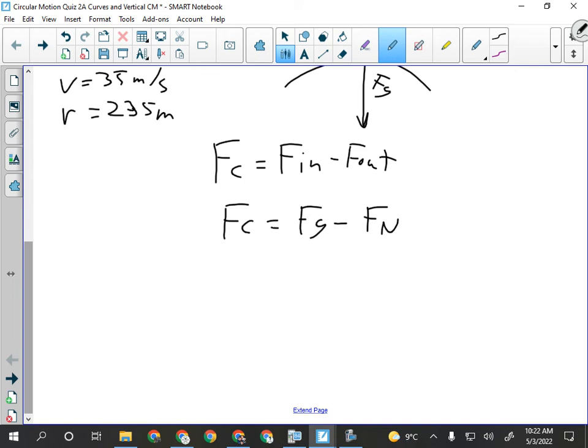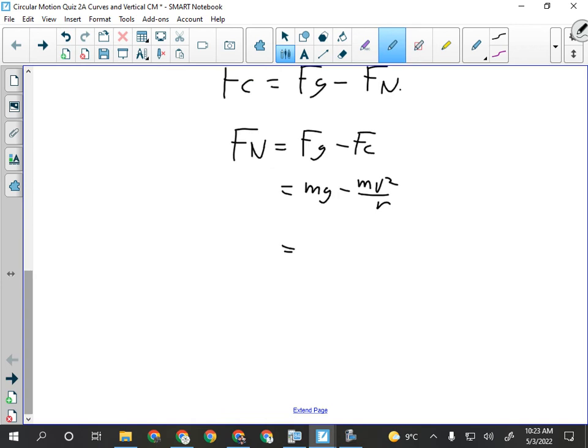For me, I like to solve for things when they're positive, so I'm bringing it over to this side and subtracting Fc. So Fn equals force of gravity minus centripetal force. That'll be m times g minus mv squared over r.